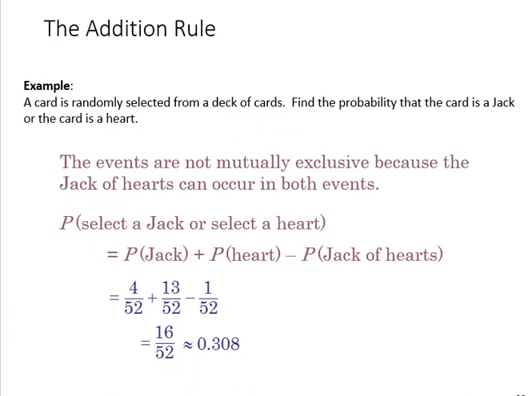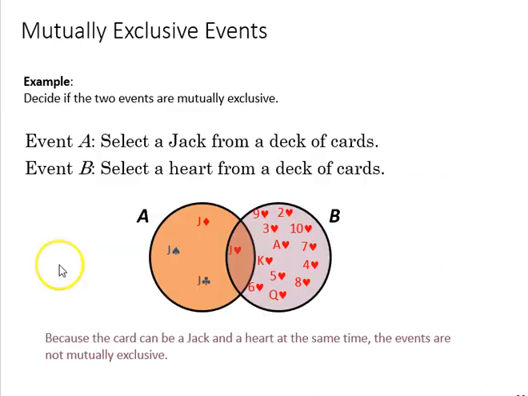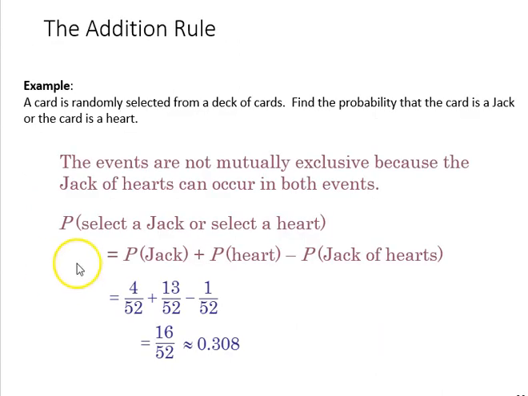And if we go back to our Jack of Hearts example, represented by this image, remember these are not mutually exclusive events. The math for that one is the probability of getting a Jack plus the probability of getting a heart minus the probability of getting the Jack of Hearts. And that is the overlapping segment where both events can happen simultaneously.